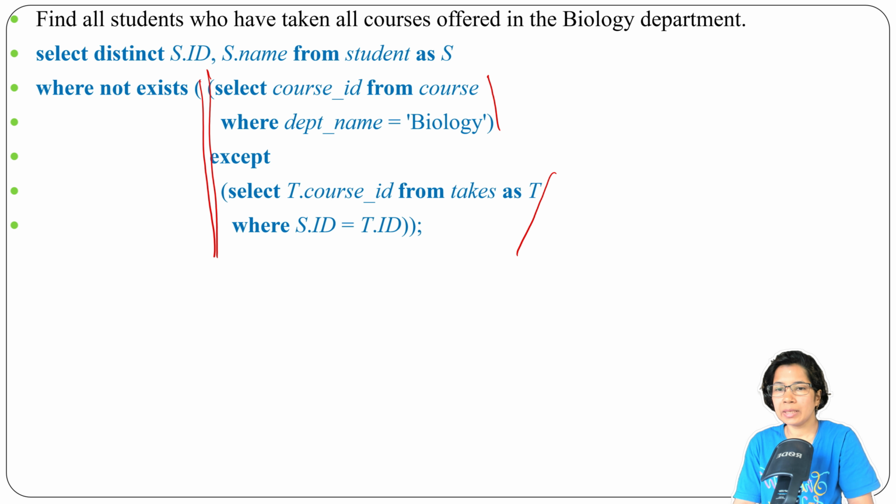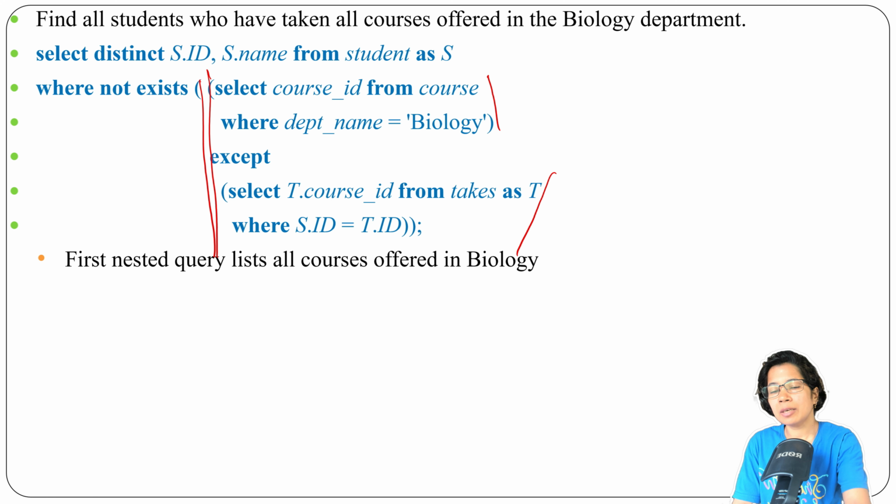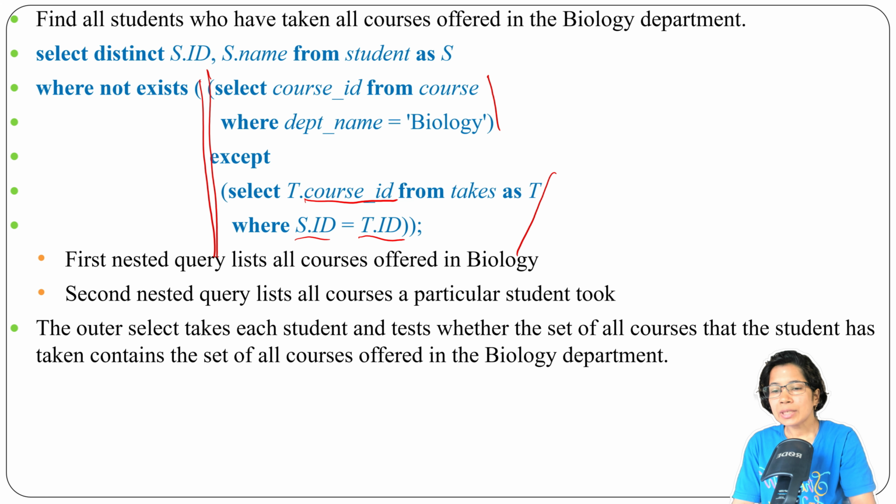First, we'll execute the inner subquery. The first subquery gives all the courses taught in the biology department, and the second subquery will give all the courses one student takes. The outer select takes each student and tests whether the set of all courses that the student has taken contains the set of all courses offered in the biology department.